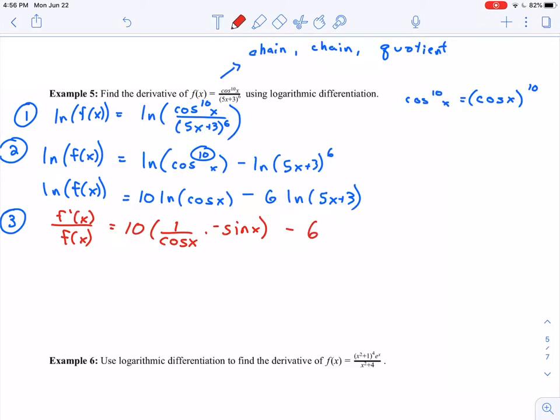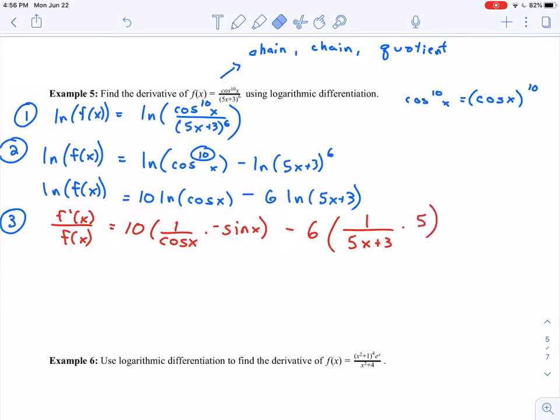Minus 6, again, that 6 is a constant multiple, just comes down for our derivative. Now I want to find the derivative of natural log of 5x plus 3 using our chain rule, using our shortcut for the derivative of natural log of x. I know that that's going to be 1 over 5x plus 3 times the derivative of 5x plus 3, which would just be 5.